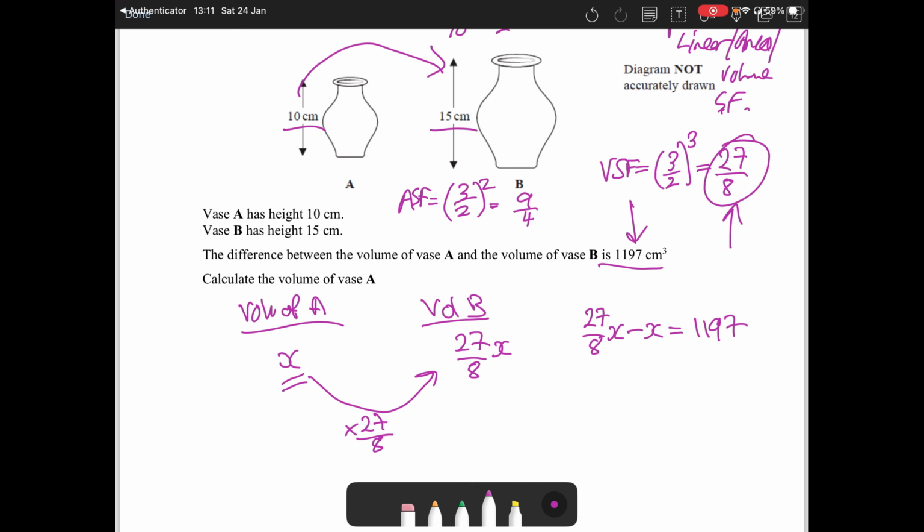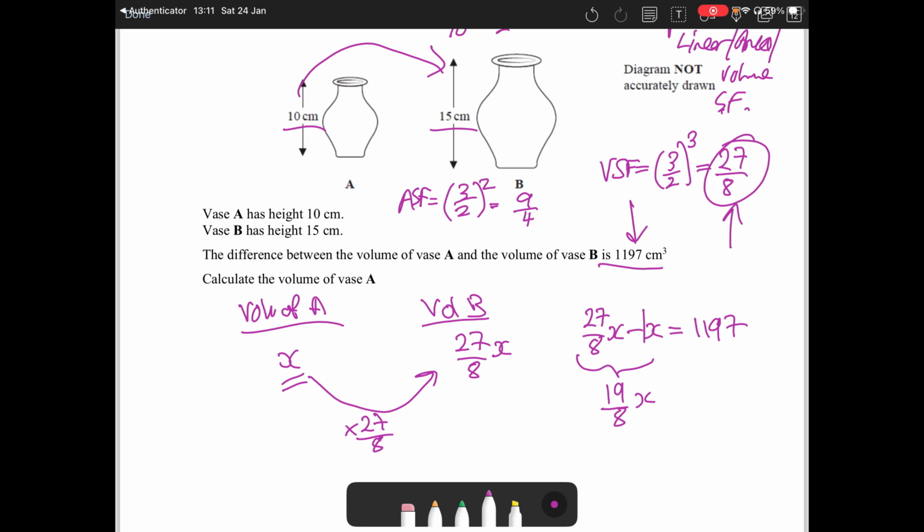Now, let's simplify this. 27 eighths take away 1 is, if I do this with my calc, because I'm being lazy, 19 over 8 x. 19 over 8 lots of x.